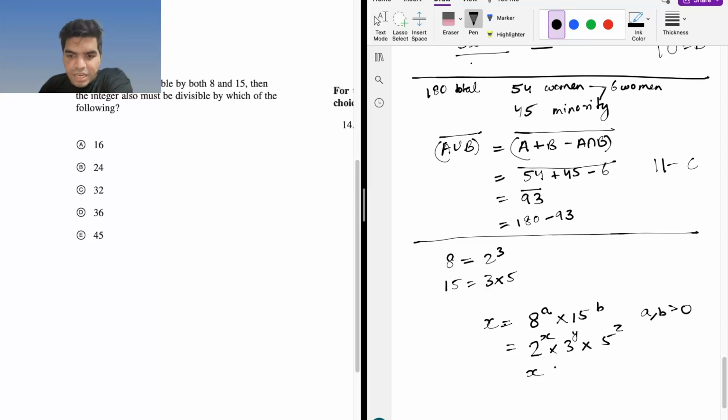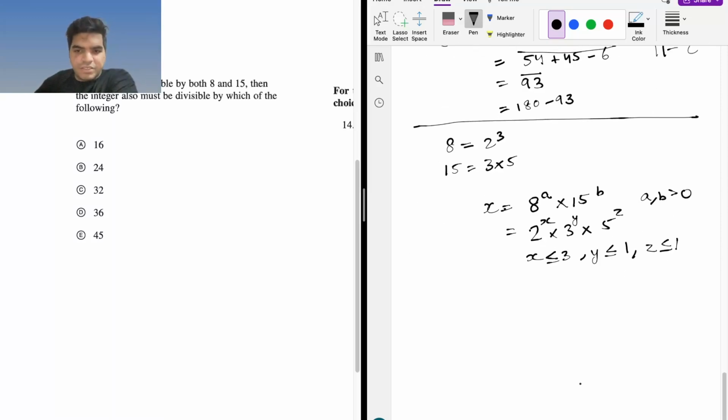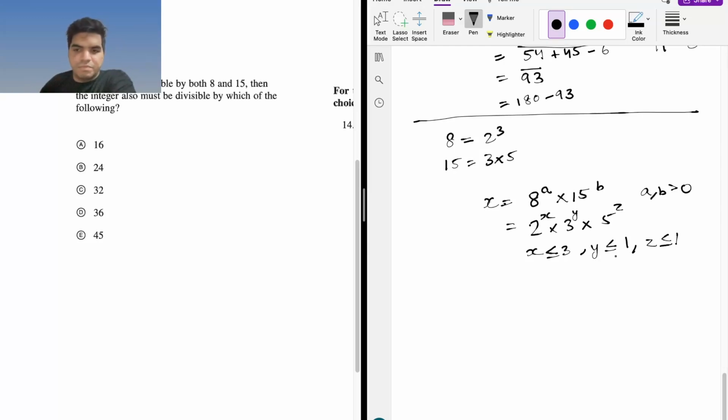So x is less than or equal to 3, y is less than or equal to 1, z is less than or equal to 1. That means at least one occurrence if there exists. So the smallest number possible, if that is existing there, we can have our answer. So 15, since this is minimum and 0 can't be there, 15 into 2, or 15 into 4, or 15 into 8.